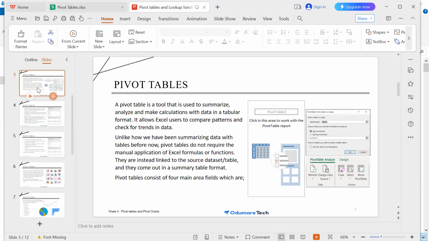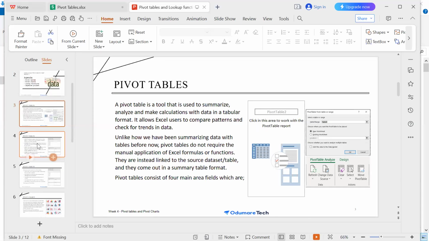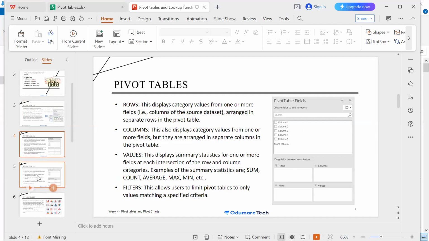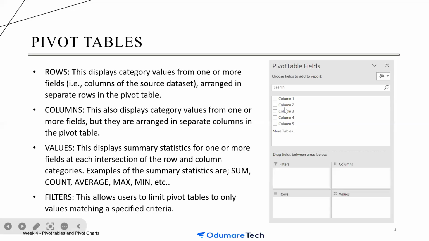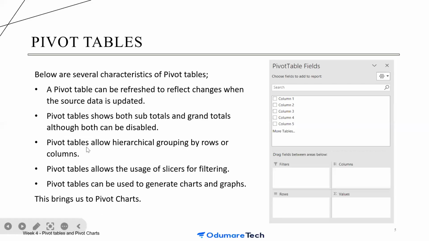I'm not exactly sure which slide, but I know that we went through something like that not long ago. So pivot table shows both subtotal, we'll also take a look at that. It can be refreshed, we'll also look at that. Hierarchy, yeah, this is what I'm talking about.